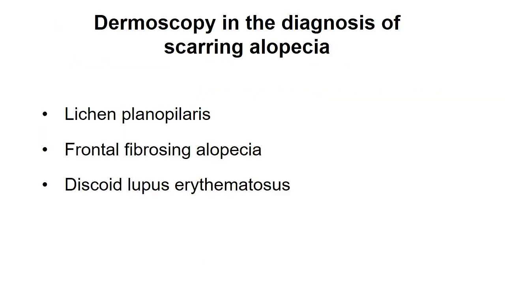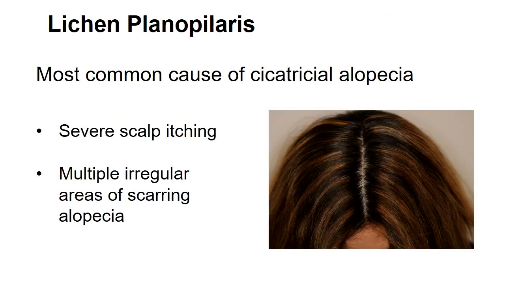So the most common important diseases you can see with dermoscopy are of course lichen planopilaris, frontal fibrosing alopecia, and discoid lupus. In lichen planopilaris, this is the patient that I wanted to diagnose. Somebody coming just with scalp itching without very big patches, because here is where you can make the difference.